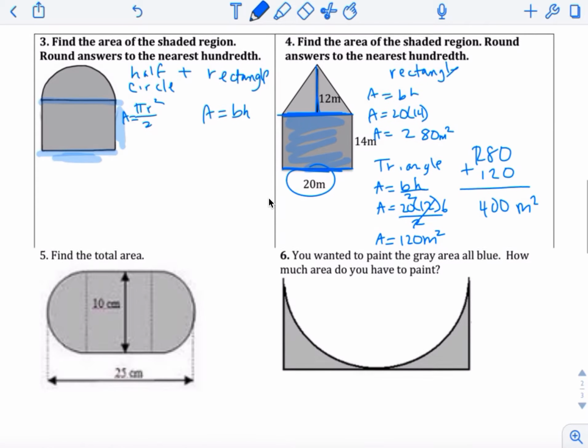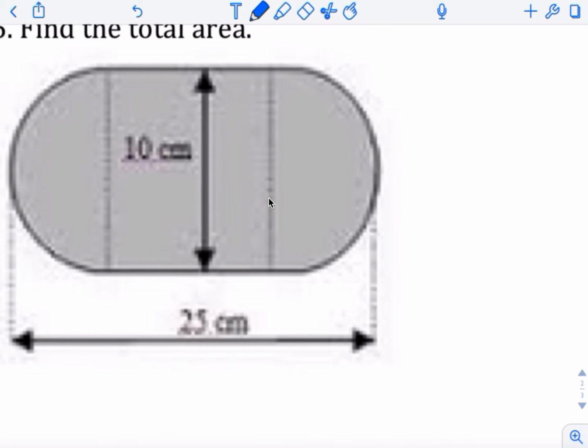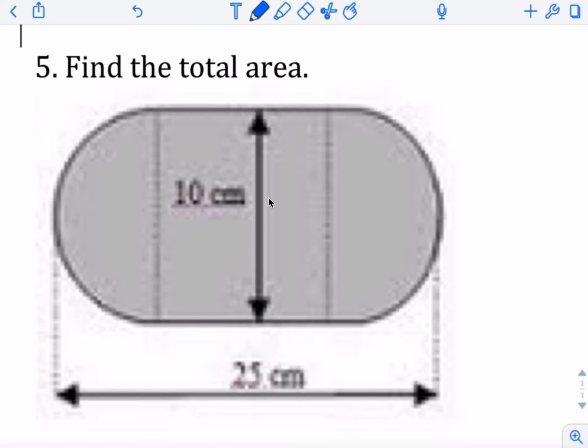Okay, total area. Now this is easy. Here they're saying from bottom to top is 10. So that's 10 and 10, right? This is half a circle, and this is half a circle.